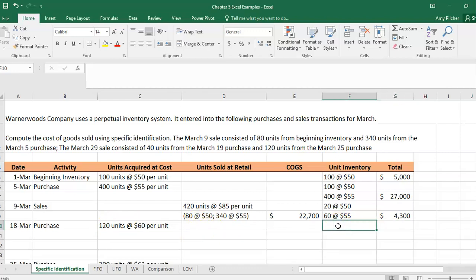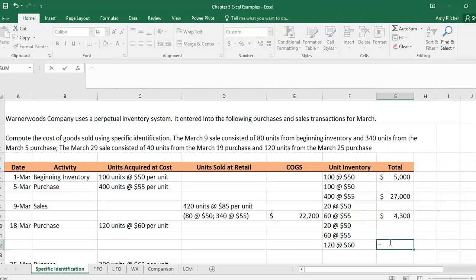Now we have three levels of inventory cost. We have 20 at $50 from our beginning inventory, 60 at $55, and we've just purchased an additional 120 that were $60. Now our ending inventory is 20 times 50 plus 60 times 55 plus 120 times 60.